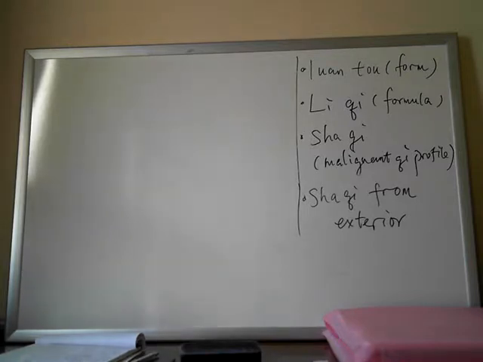So what are those negative effects? Let's say if you're in an environment that has forms that will create sha qi, then you might become impulsive, might feel uncomfortable, feel unhealthy, or you might gradually start making more poor judgment.